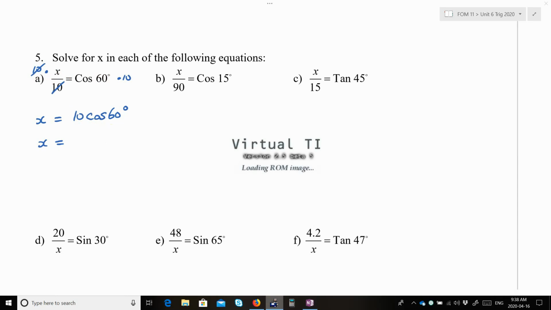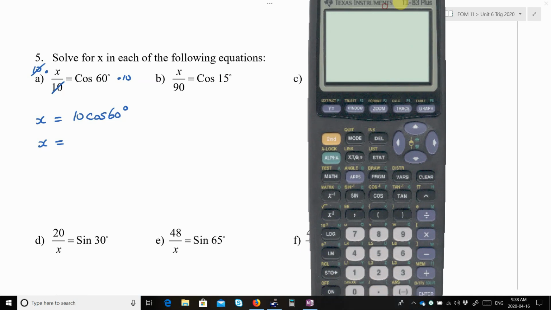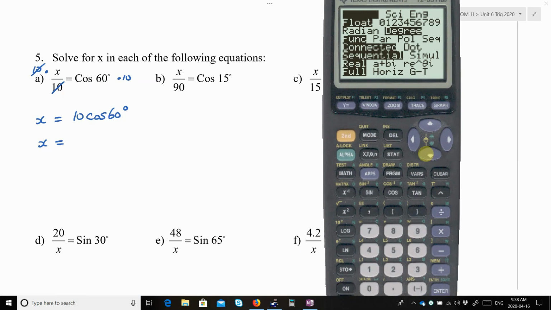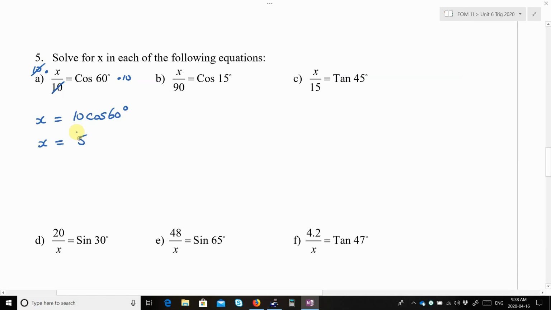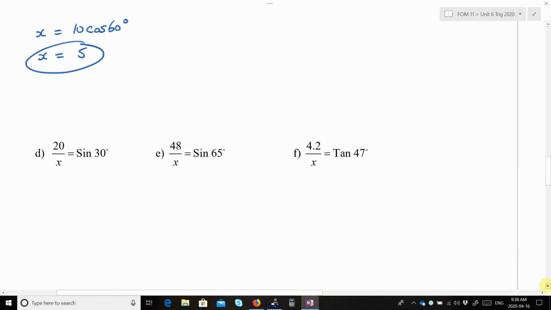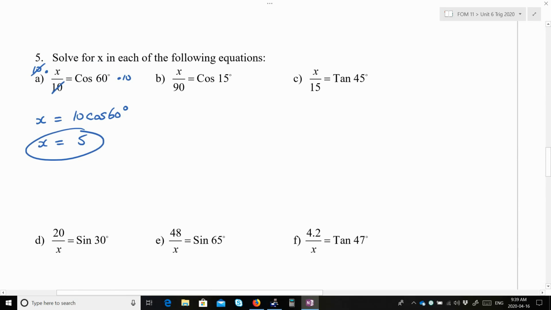Get out the calculator. I'm going to make sure that I am in degree mode. So we'll go mode. Degree is highlighted there. Good. So it's 10 times cos 60. And we get an answer of 5. And if we look down at the answer key quickly, we do indeed get an answer of 5 for A. B, x divided by 90 equals cos 15, so you have to do the opposite of dividing by 90, which is multiplying by 90.